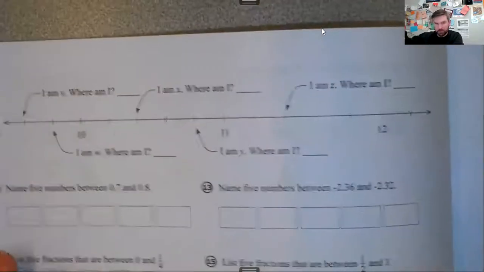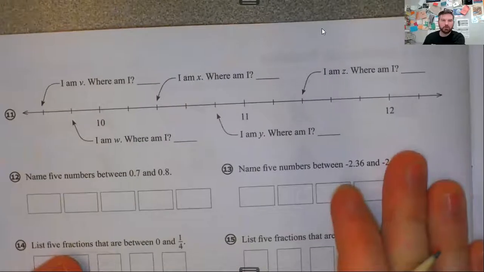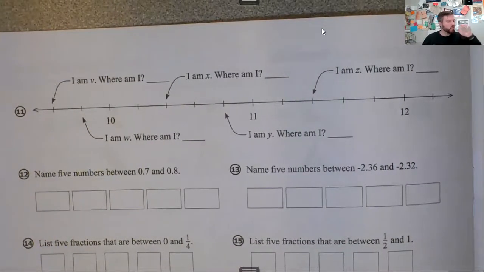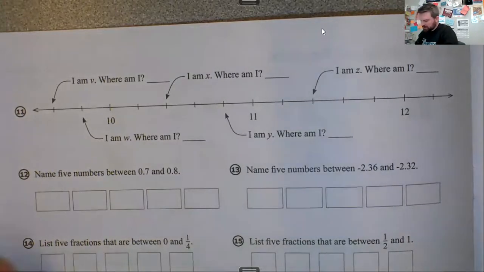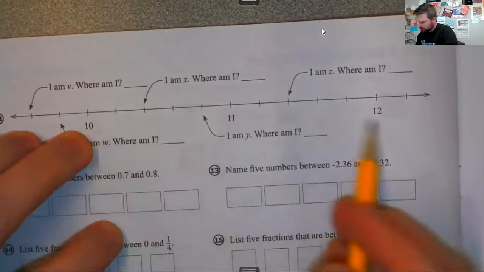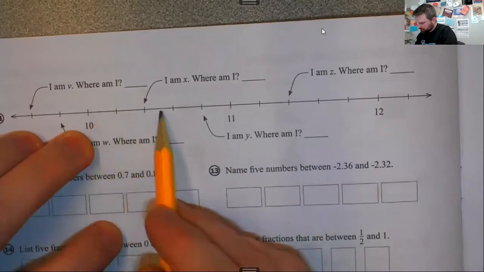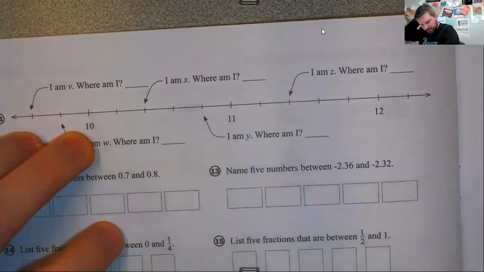Okay, so starting at number 11 on page 42, I am V, where am I? Okay, so we kind of need to figure out what each line is. We have 10, 11, and 12. And then I got 1, 2, 3, 4, 5 sections.